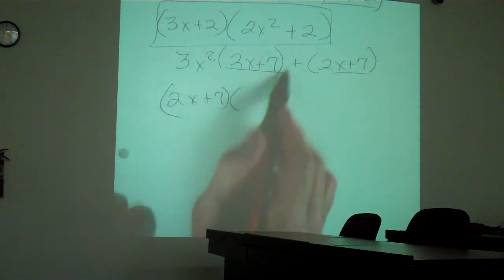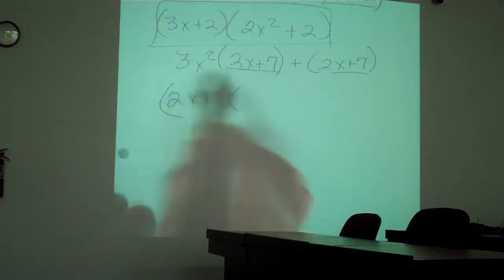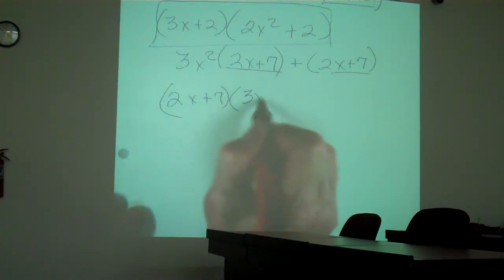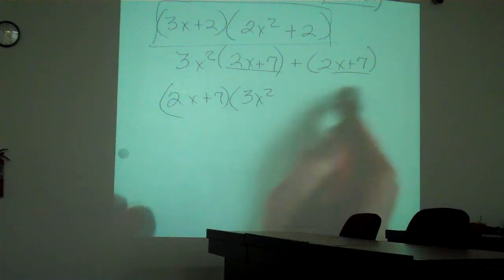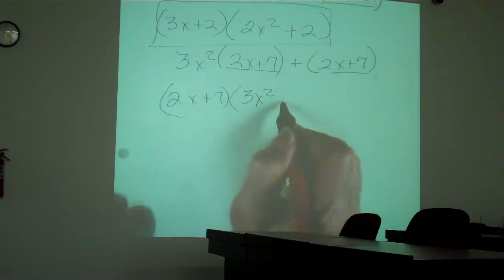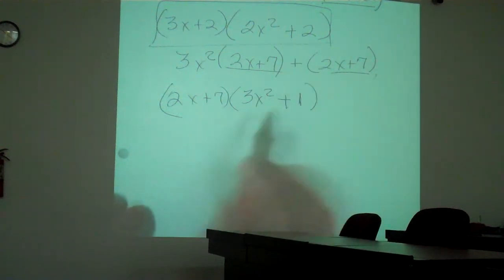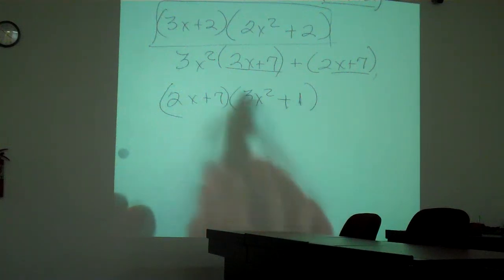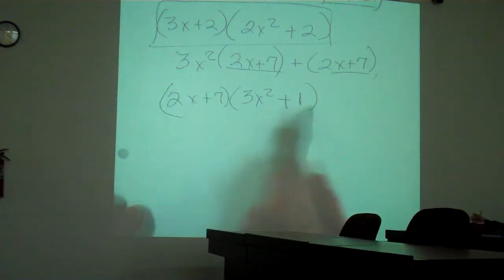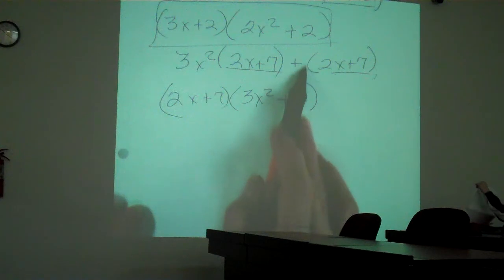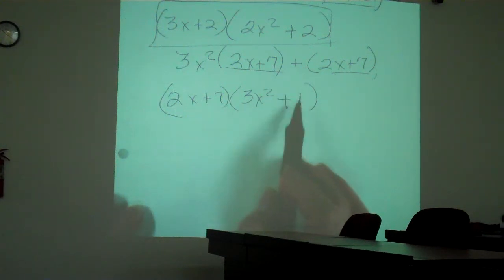Okay, to get the first term, 3x squared. To get the second term, plus 1. Don't leave it out. You need 2 terms here. So there's 2 things up here, so you got to have 2 things here, even if there's no number there. Make sure you put the 1.